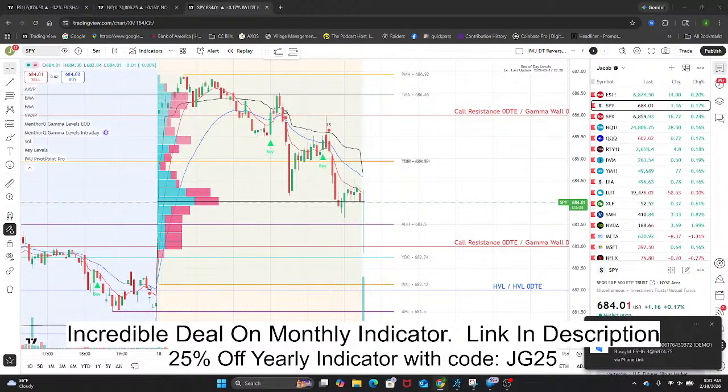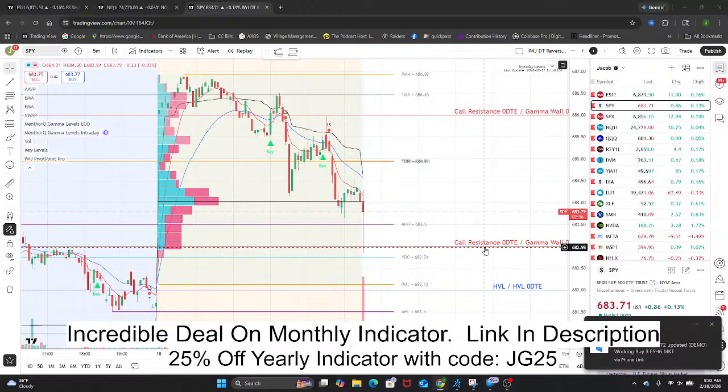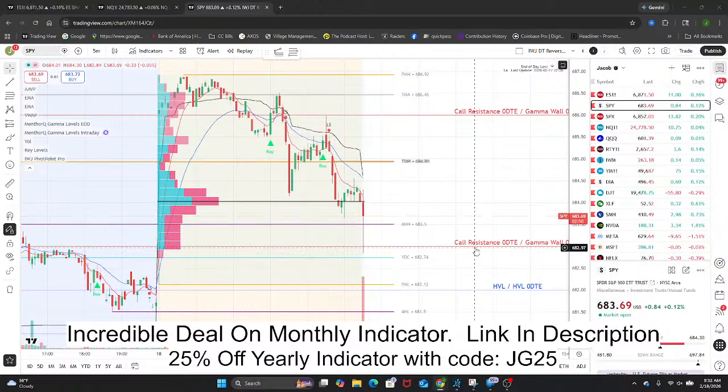Let's see if we can get some movement here. Bulls defended this call wall so far. So above this is positive gamma for the day. Very wild open here. They got us.